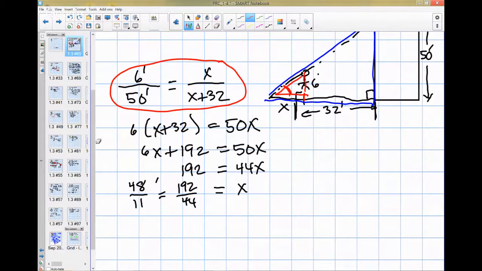I wound up with 48/11 feet. That's 4 and 4/11 feet, so about 4.5 feet. Let's just leave it at 4. Here, let me write it out: X equals 4 and 4/11. So either one of these two answers on the left is fine.